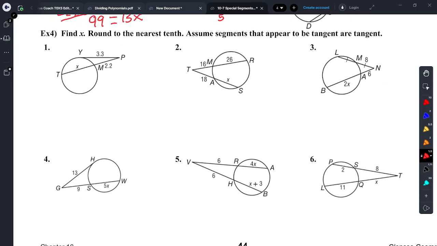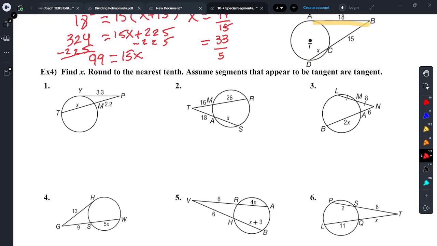All right, so these are going to get uglier as you go. So let's do this one. What would number 1 be? This would be 3.3 times 3.3, so squared, right? Equals 2.2 times x plus 2.2, right?